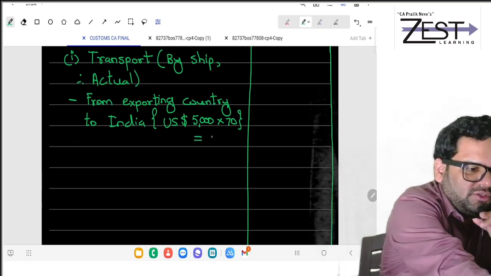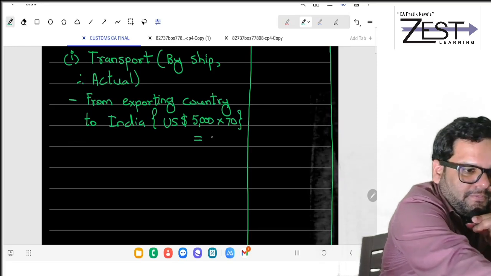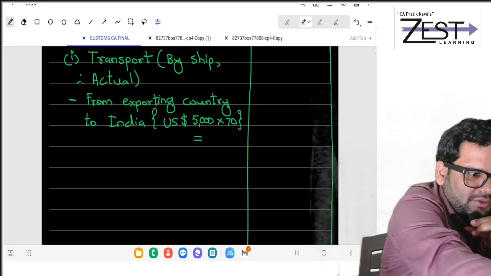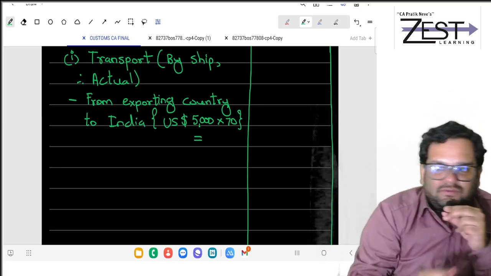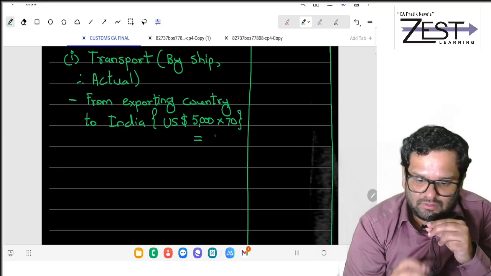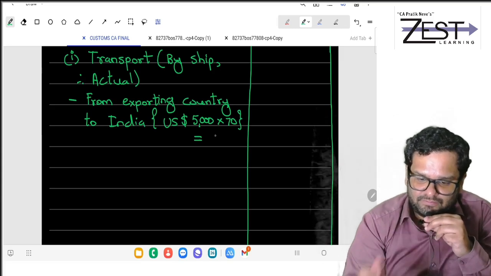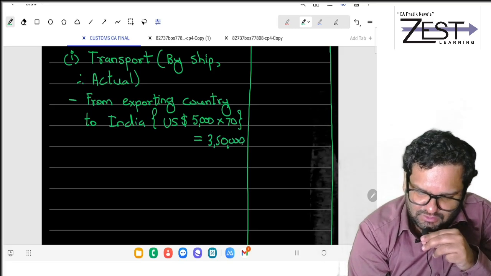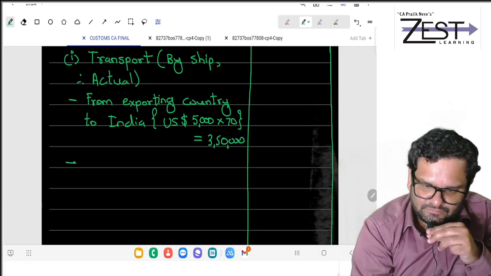How much is 5,000 into 70? I'm going to get the calculator here now. 3 lakh 50,000. Isn't it? Yes, 3 lakh 50,000.